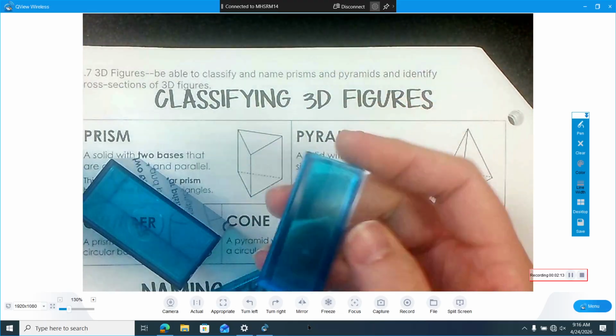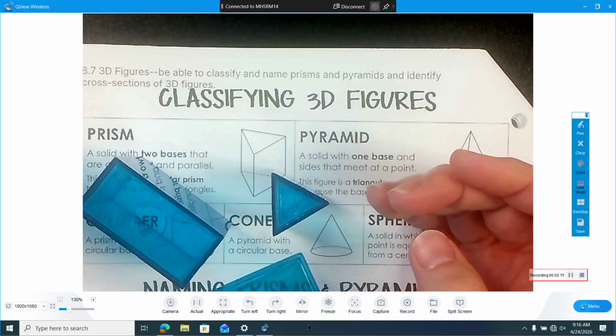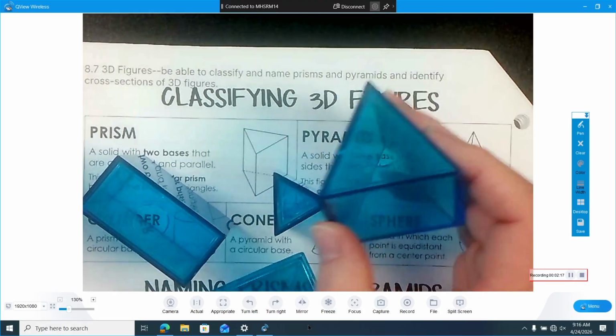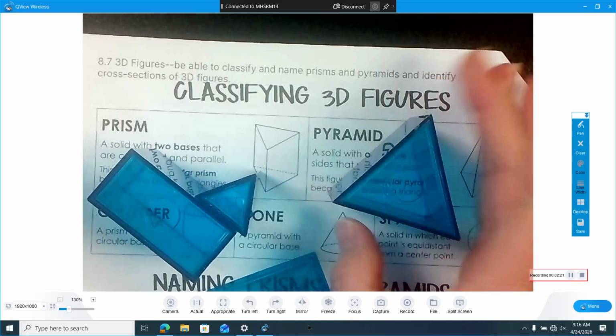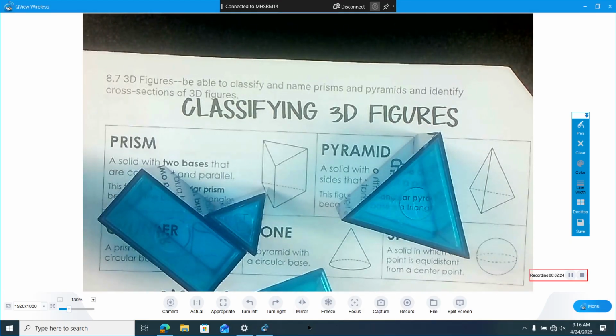The way that we recognize prisms, this is also a prism. Over here, I kind of think this one is interesting. What's this one? Not a pyramid? Uh-huh.